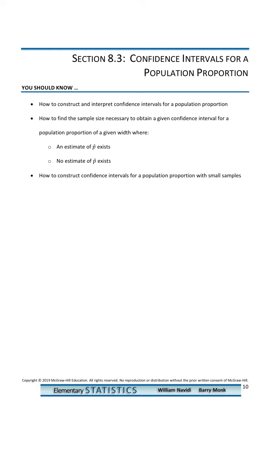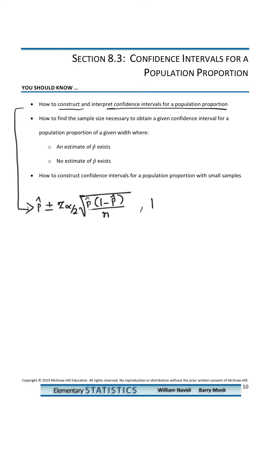So in this section, you learn how to construct and interpret the confidence intervals for the population proportion, where p cap is x over n. And we are checking the assumptions.